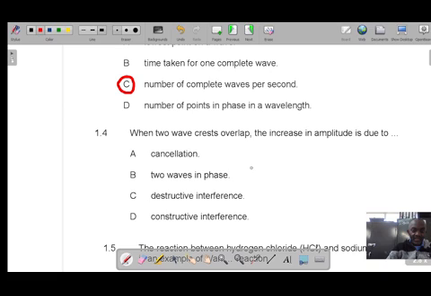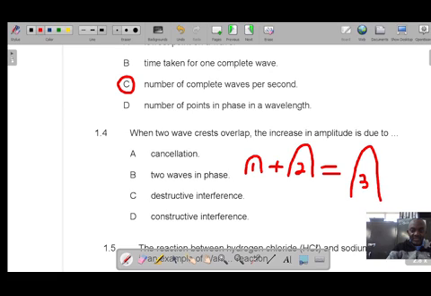Like here, for example, if this one is maybe 1 meter, plus another one here which is, let me say, 2 meters. Now when these two interfere, they form a bigger one. What is 1 plus 2? It is 3, so it's going to be 3 here.